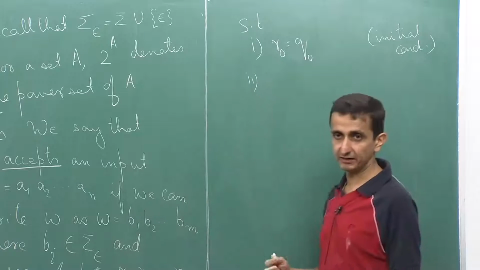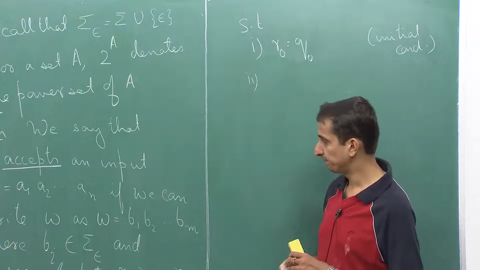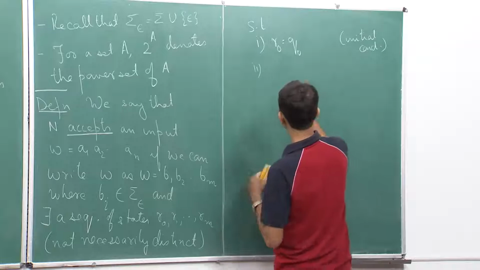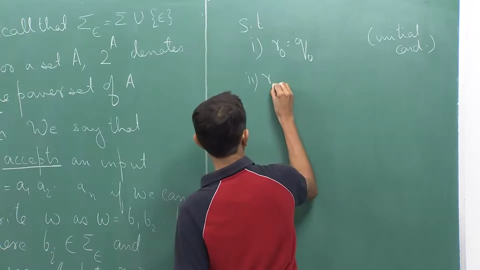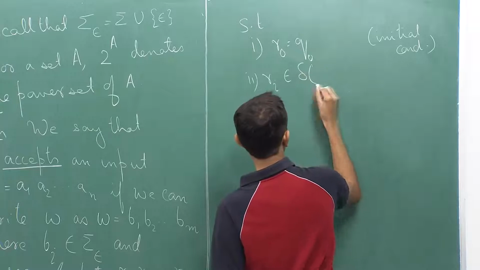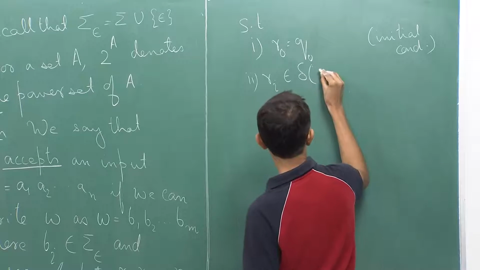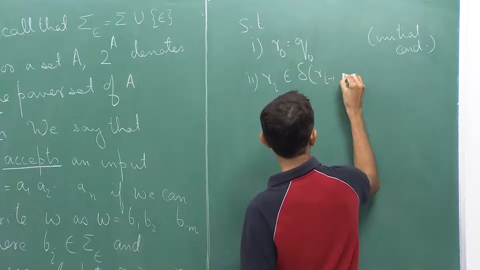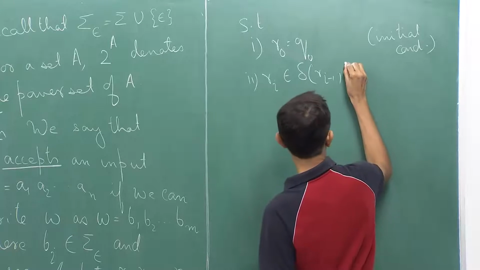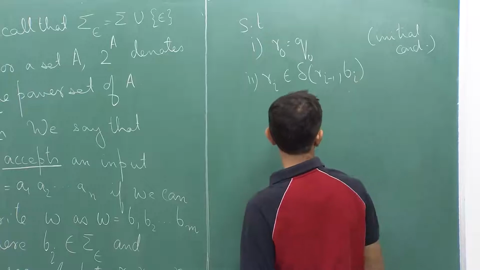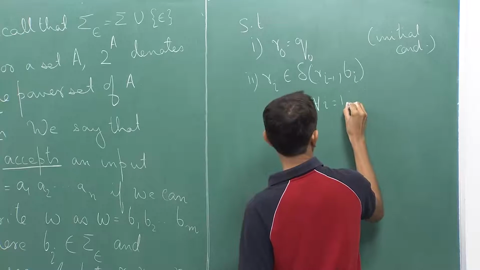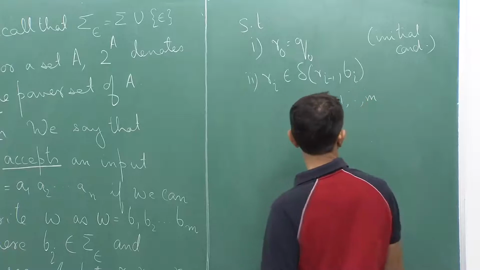Secondly, what is the transition condition here? How can we go from a state Ri minus 1 to a state Ri? So Ri is contained in delta of Ri minus 1 comma Bi, for all i going from 1 through m.